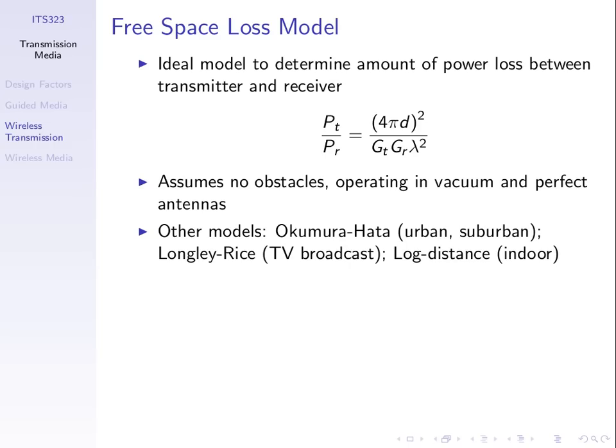It's again a part of the specification of the device. I can look it up, and I think from memory, one of them is 100 milliwatts. The transmit power of my access point, 100 milliwatts. So I know GT, GR, lambda, and the transmit power of my access point is 100 milliwatts.